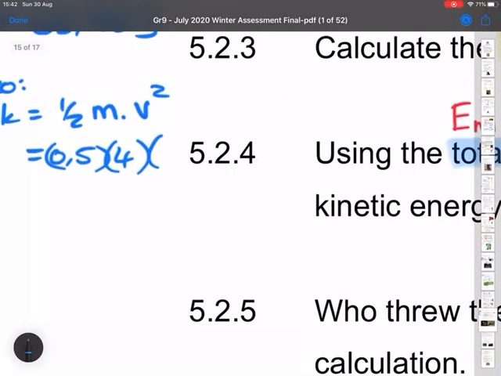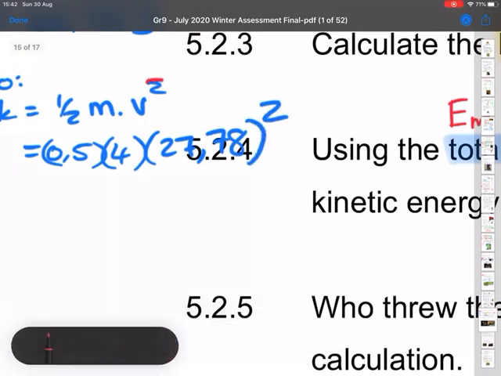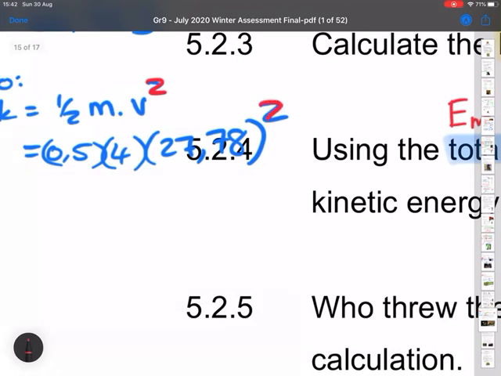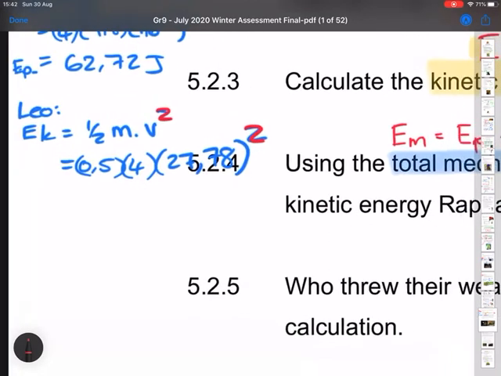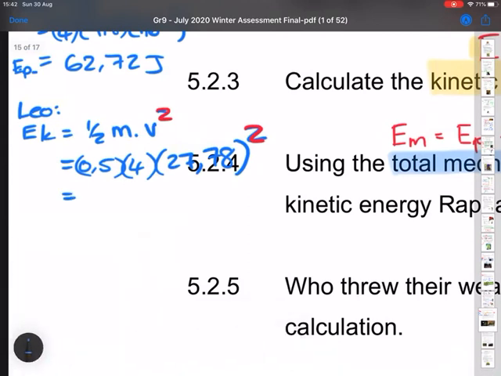Okay, so the velocity is going to be 27.78, and so many of you forget to square it. You write down the square in your formula, but then when you substitute you don't square it. Very weird. And that gives us the kinetic energy of his katana while it's moving through the air.